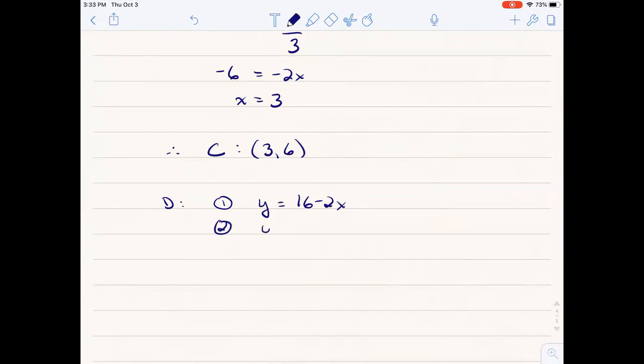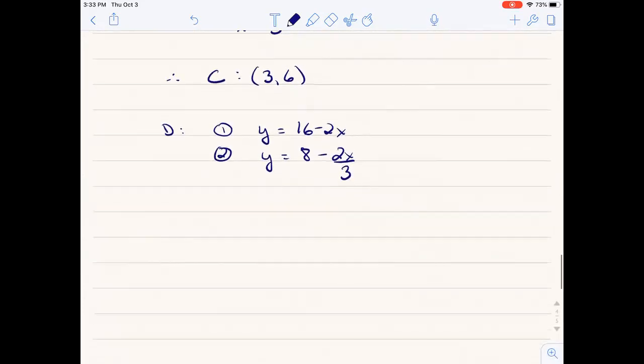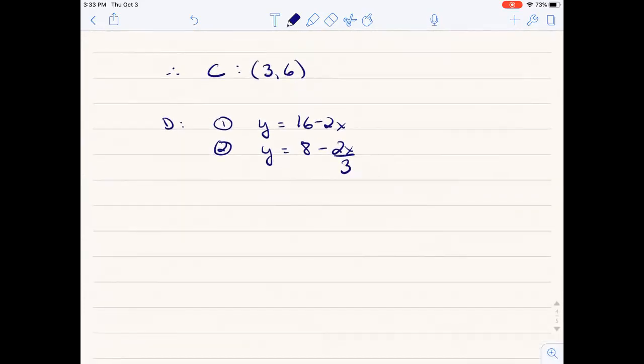And line 2, which was y is 8 minus 2x over 3. Again, it's nice because these are both y equals, so we can just set them equal to each other, right? Because both have to equal y. And then we can solve for x, and then we can substitute that back in.